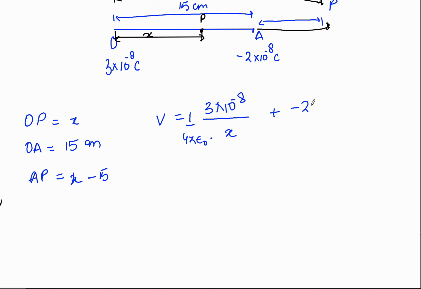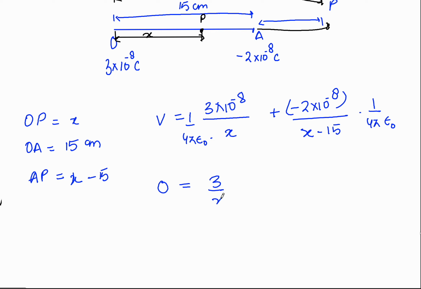Plus again minus 2 into 10 raised to the power minus 8 divided by this distance AP. So AP is x minus 15. Now again at infinity V is 0, which is potential is 0. And this I'm going to take common, 1 upon 4 pi epsilon naught into 10 raised to the power minus 8 will be taken common and it will be 0.